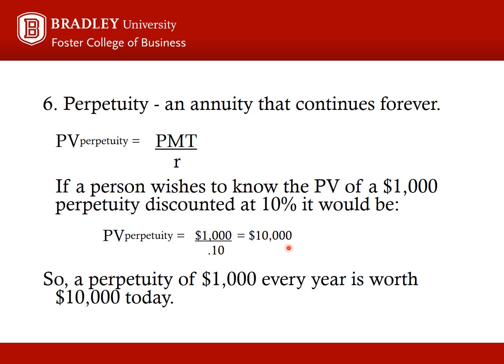The answer is you would be able to withdraw $1,000 a year without ever touching that principal. So you would have recreated that $1,000 a year perpetuity by investing this $10,000. Of course, again, we're assuming that 10% is guaranteed, but we'll get into risk later on and see how we deal with that. Right now, though, we're assuming no risk.